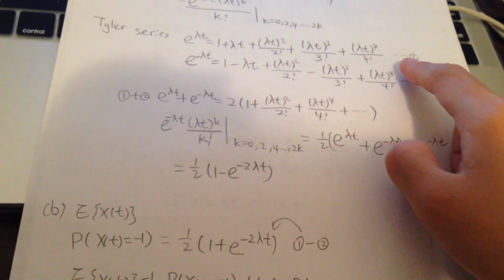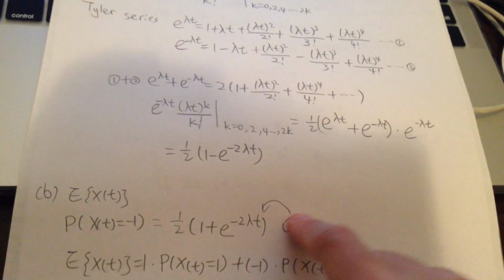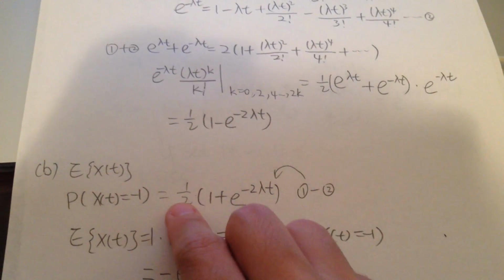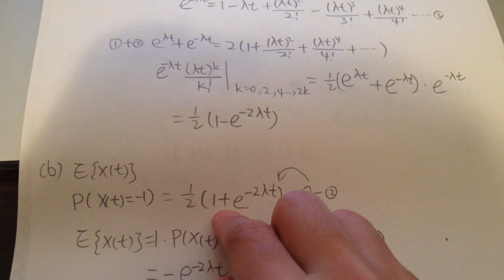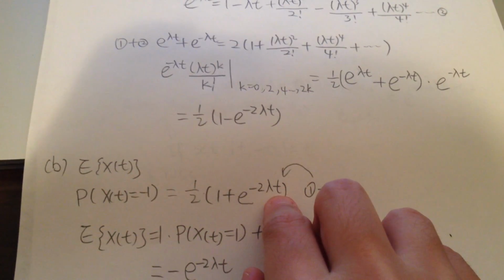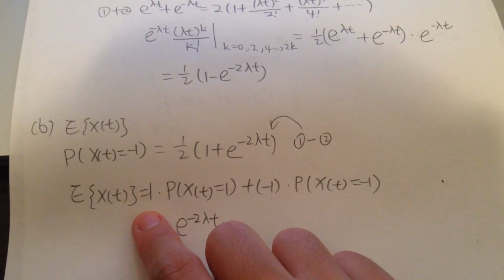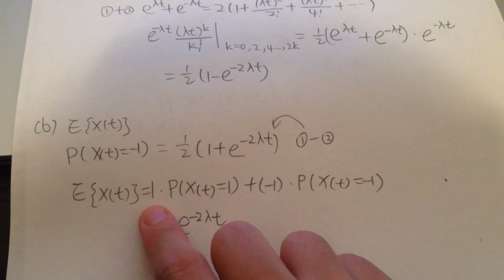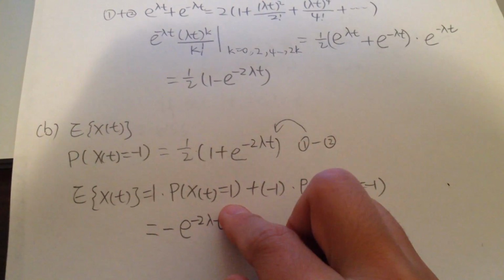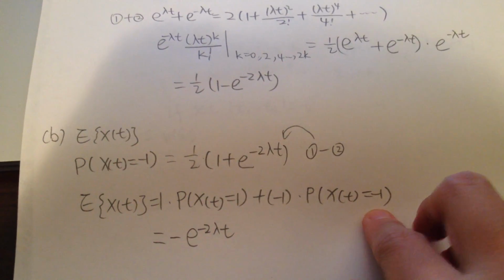If we subtract function 2 from function 1, we get the probability that X(t) equals minus 1, which is 1/2 times 1 minus e to the power of minus 2 lambda t. Then the expectation of X(t) equals 1 times the probability that X(t) equals 1 plus minus 1 times the probability that X(t) equals minus 1.